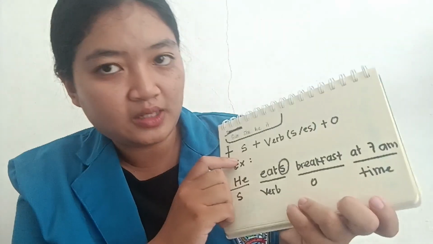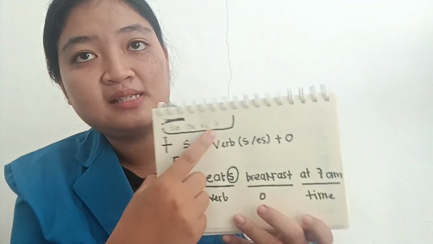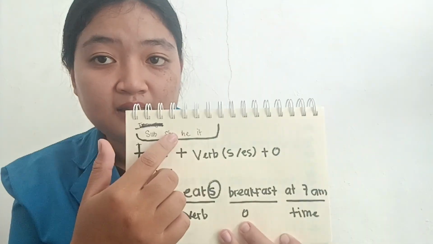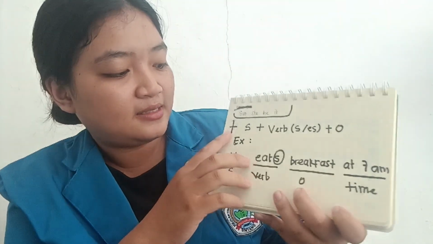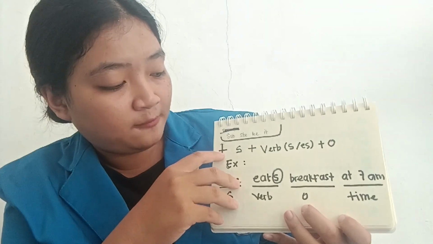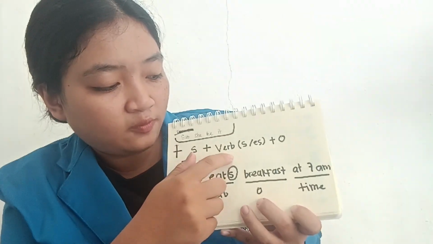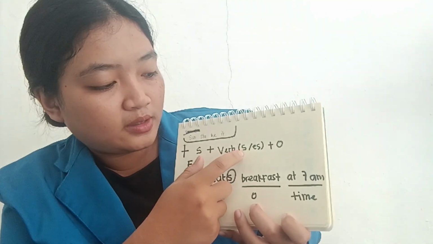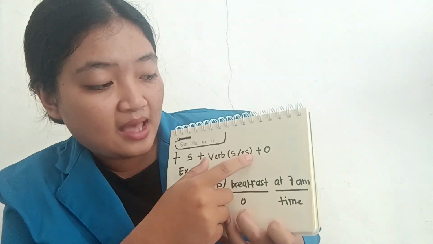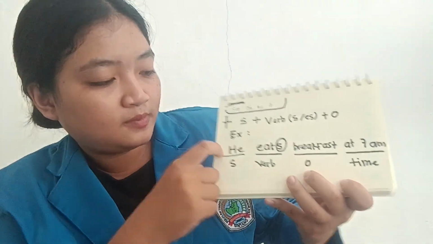For example, in the verbal sentence with subject she, he, it, it is like this. For the positive, the formula is subject plus verb plus s or es plus object.